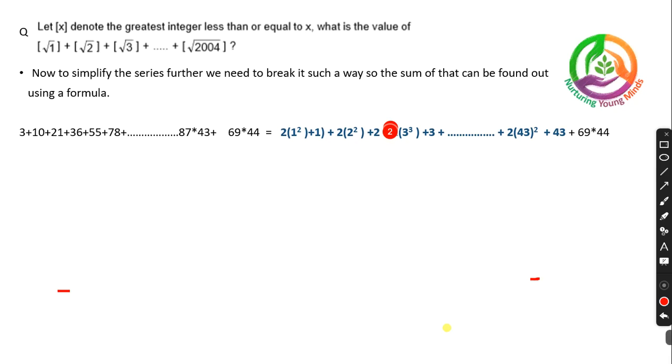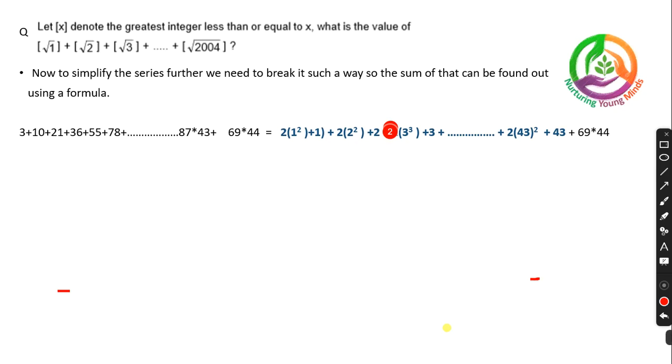So what we can do, 3 can be written as 2 into 1 square plus 1. So 1 square is 1, 2 into 1 square is 2, plus 1 is equal to 3. Now 10 can be written as 2 into 2 square, that is 4 into 2, 8, plus 2. Similarly, 21 can be written as 2 into 3 square, so 3 square is 9, 9 into 2 is 18, 18 plus 3 is equal to 21, correct?